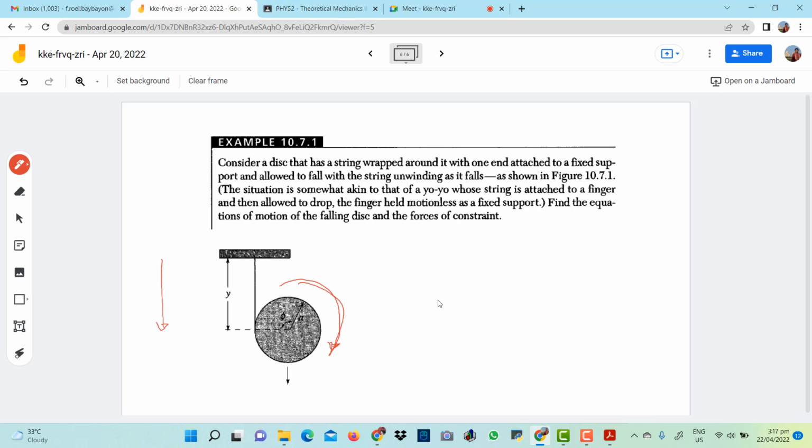So we see there are two degrees of freedom, but since there is a force of constraint, I have one equation of constraint which relates your y and your phi. If I do not use a Lagrange multiplier, I have just one generalized coordinate.